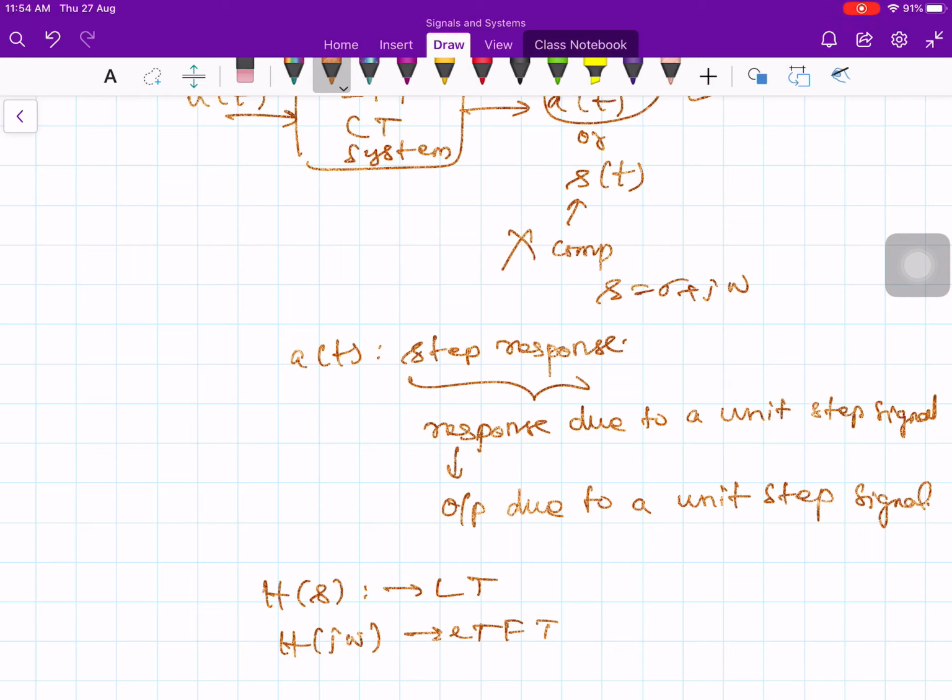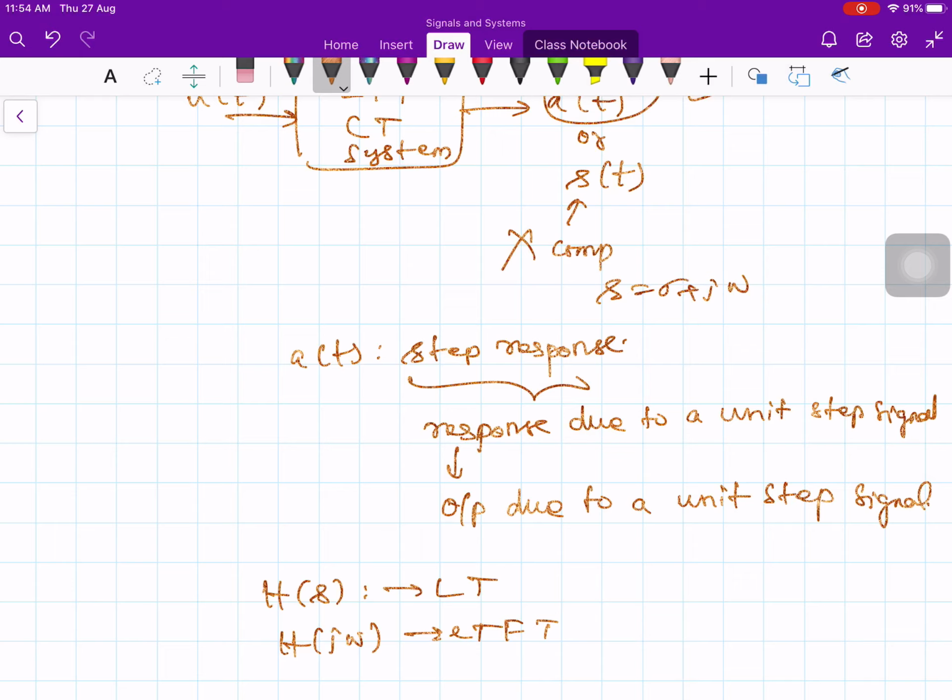But we do not have to go to this h of s or h of j omega at this point of time. This is just an introduction to your system function.